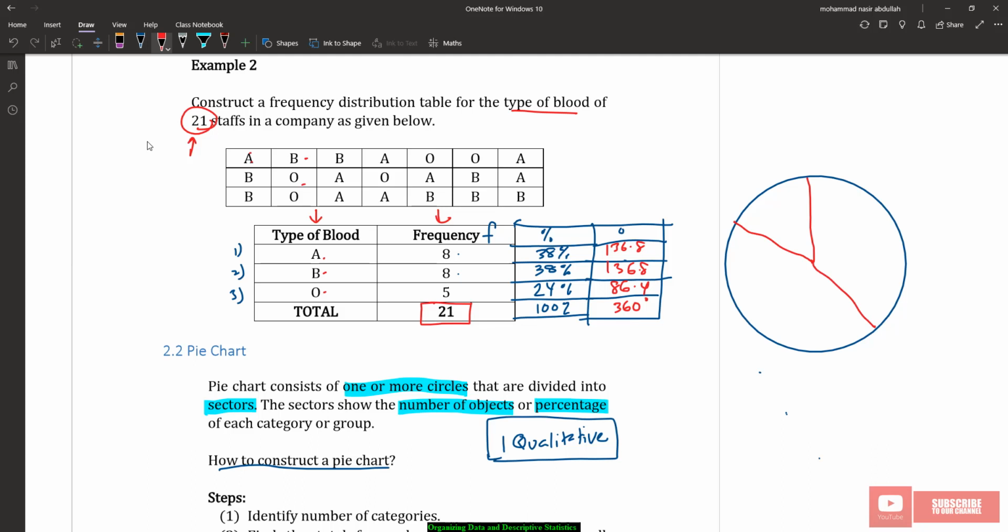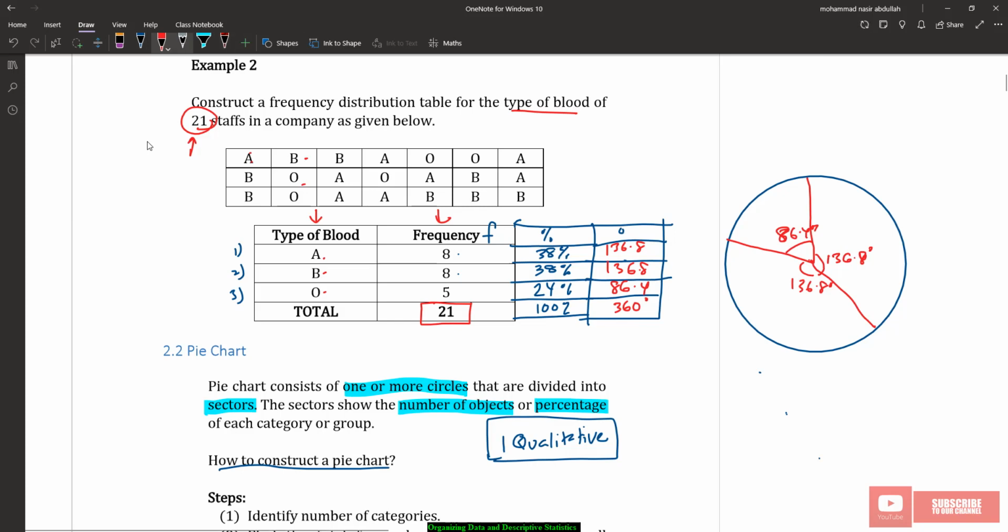Too high. So this one consists of 136.8 degrees, and this one should be 86.4 degrees. To find the degree, you need to use a protractor, then you can see the degrees.